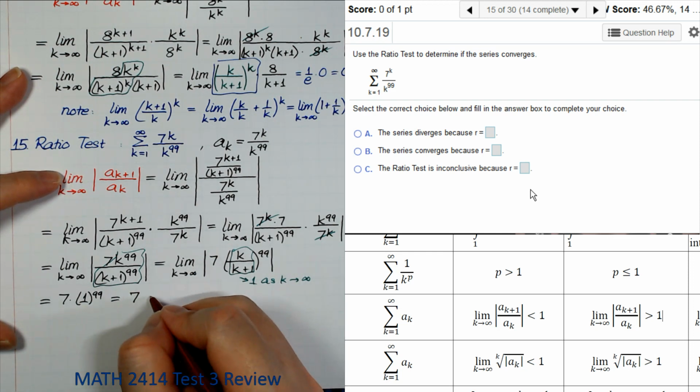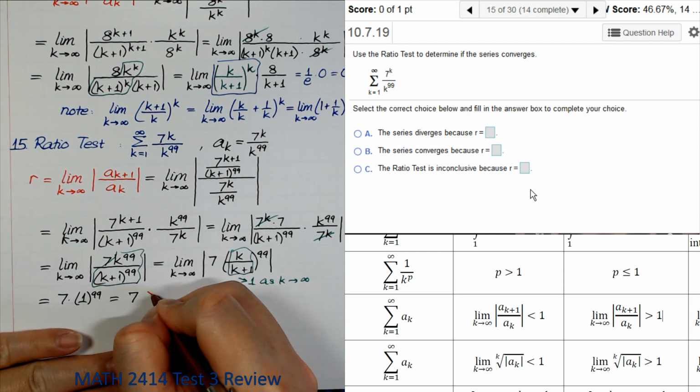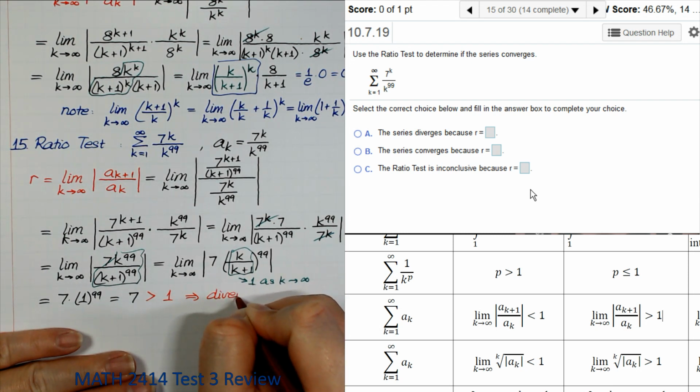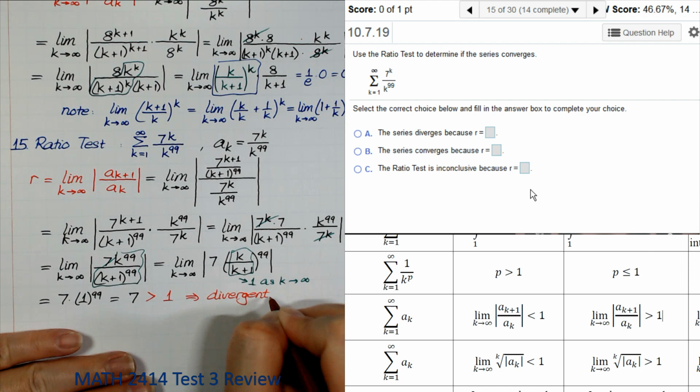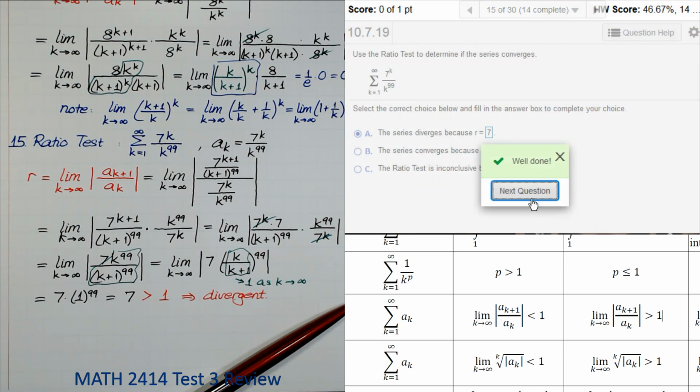Now this is equal to 7, which is bigger than 1, which is divergent. The series test diverges because the ratio equals 7.